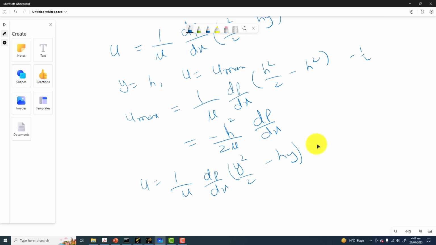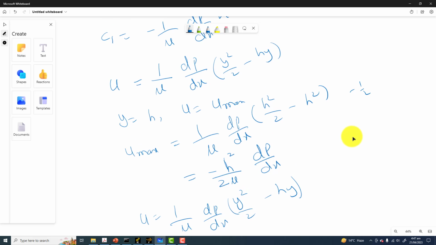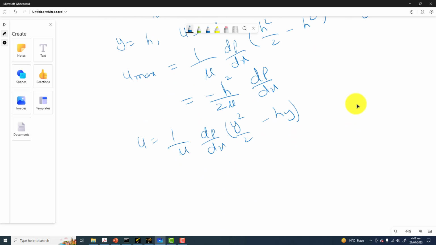So I can write down this equation in this way. So basically I can write down this equation as equal to 2.